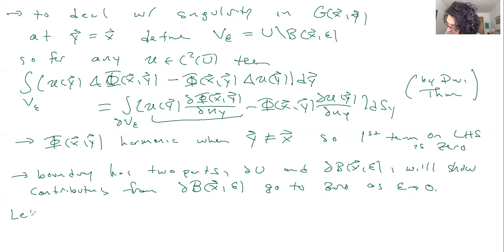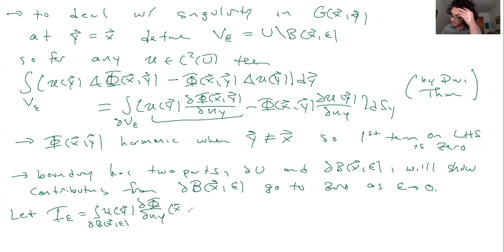Okay, so let I epsilon equal the integral over the surface of the ball of u(y) d phi/dn_y (x, y) dS_y, okay? Well, if I take the limit as this goes to 0, right?